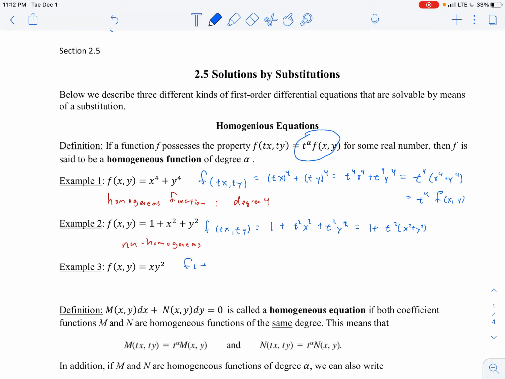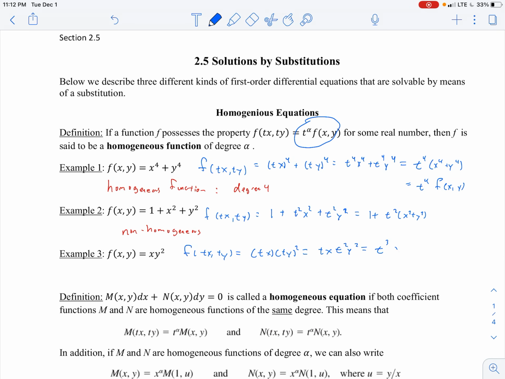So f of tx, ty, we're going to get tx times ty squared, which is just tx times t squared y squared, which is t cubed x y squared, which is t cubed times the function of x, y, which again is homogeneous. So this is homogeneous and of degree 3.